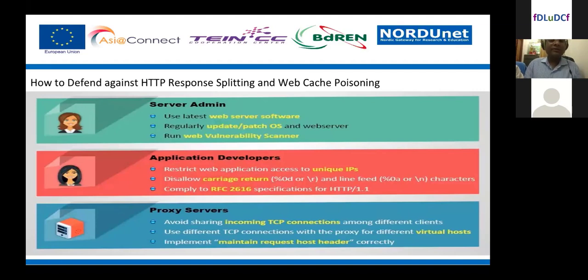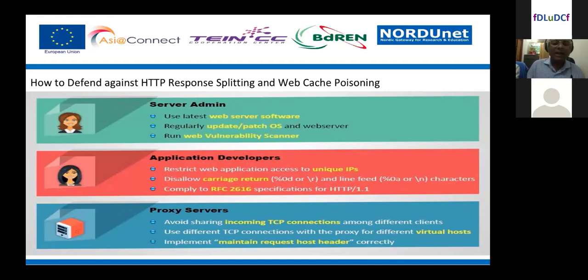Now, how to defend against HTTP response splitting and web cache poisoning. For the splitting and poisoning, we have three things to do. One is from the server admin, one is for the application developer, and another one is the proxy server. So what can we do from the server admin?